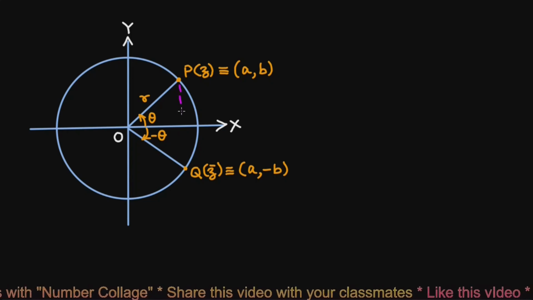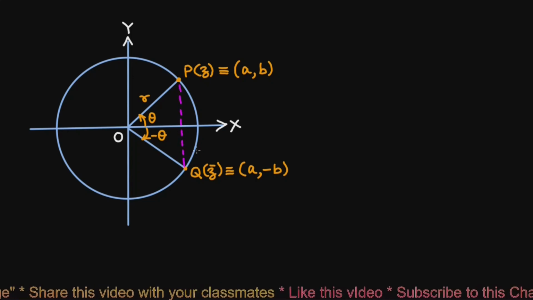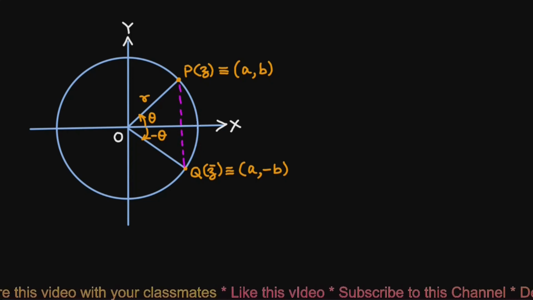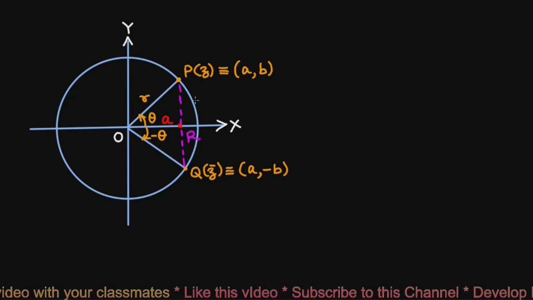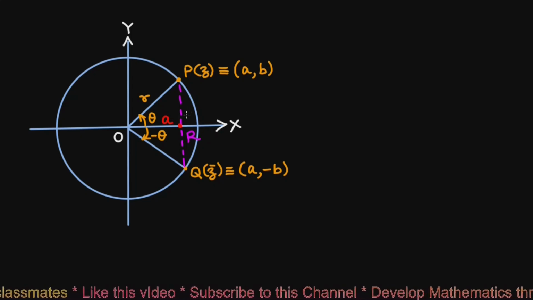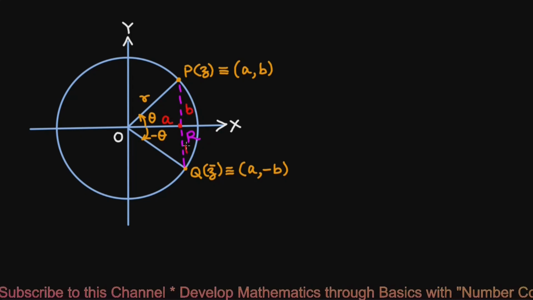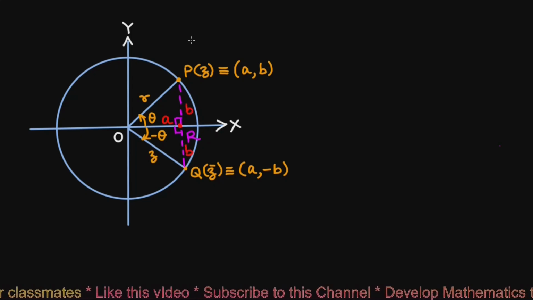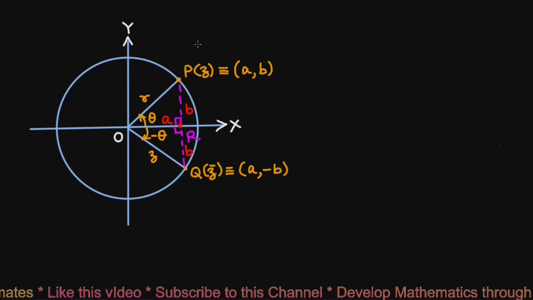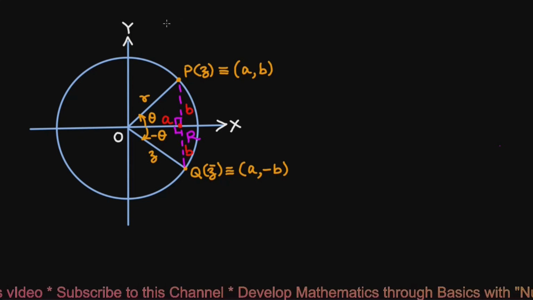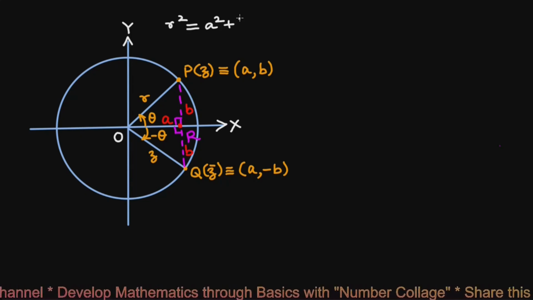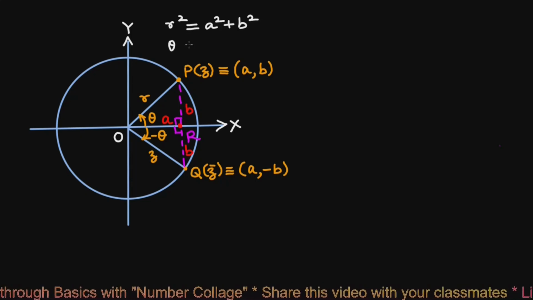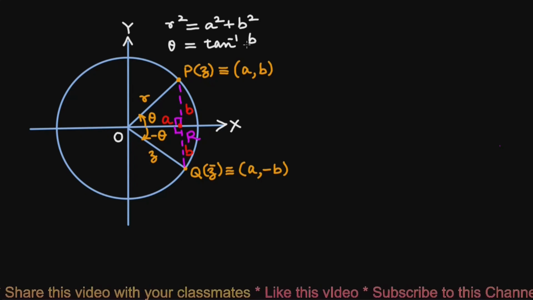Perpendicular from P and from Q on the positive x-axis is R, such that OR is a and PR and QR are each equal to b. In right triangles ORP and ORQ, by Pythagoras theorem, modulus r square will be a square plus b square, and argument theta will be tan inverse of b upon a.